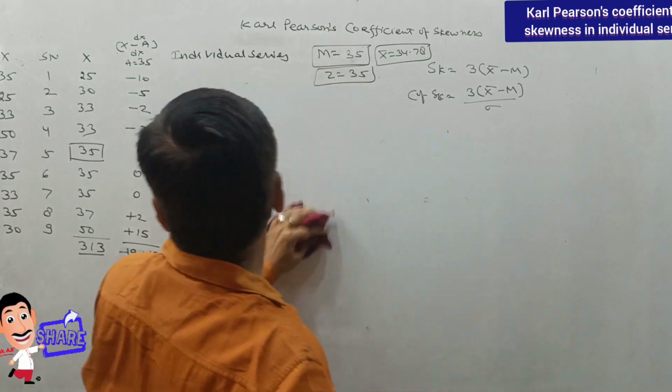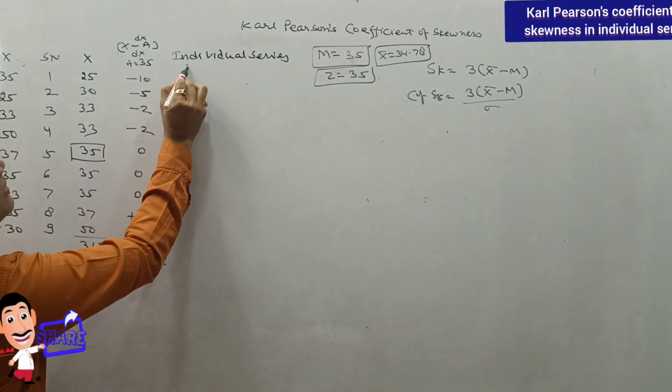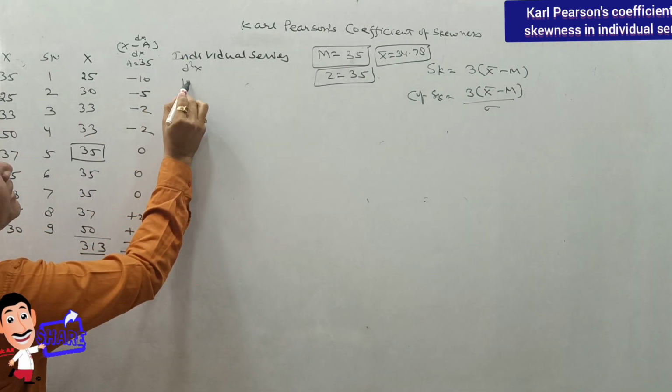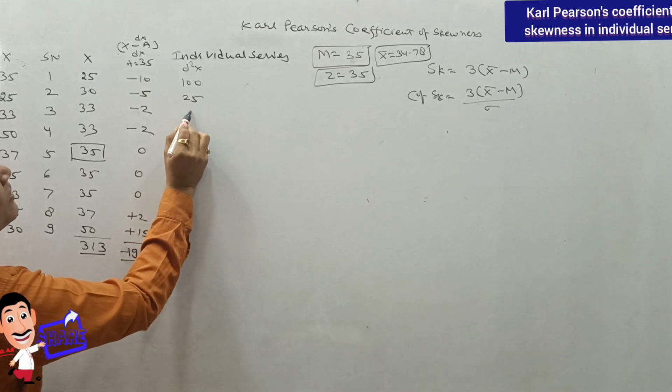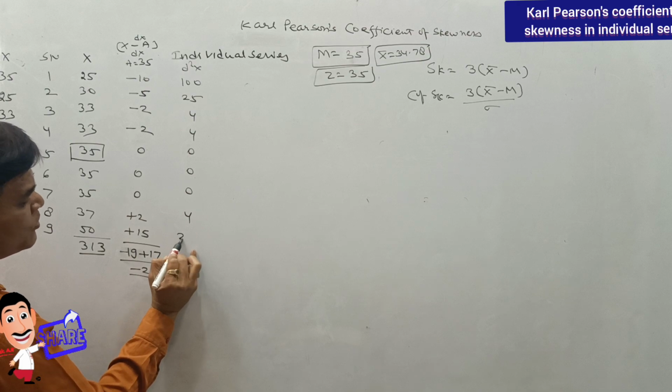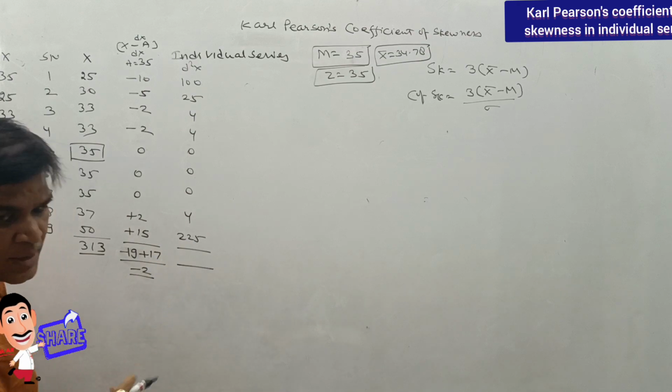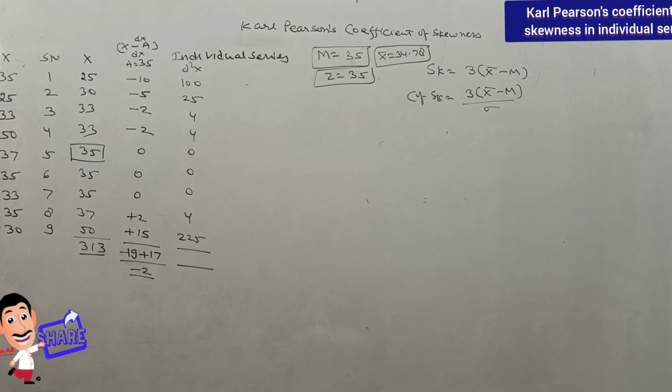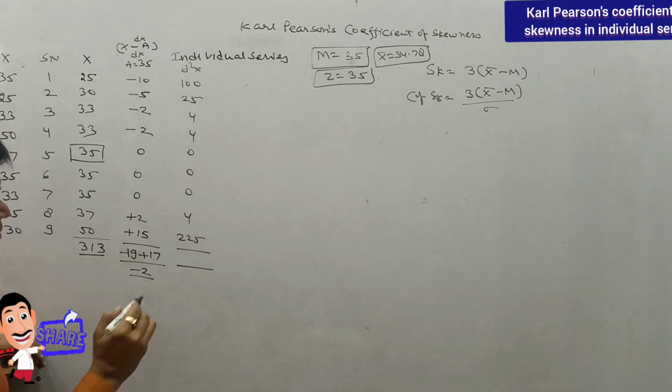So d square x, that is 100, 25, 4, 4, 0, 0, 0, 4, 225. 100 plus 25 plus 4 plus 4 plus 4 plus 225, that is 362.